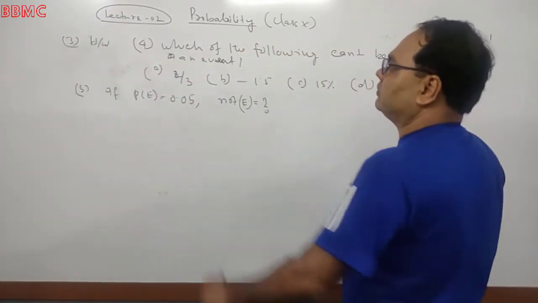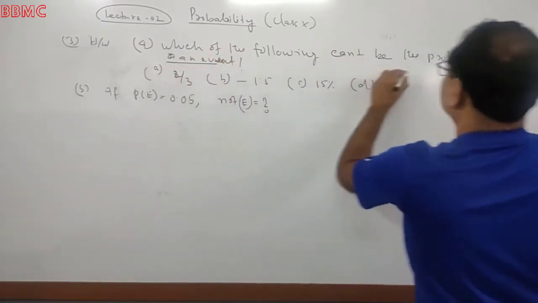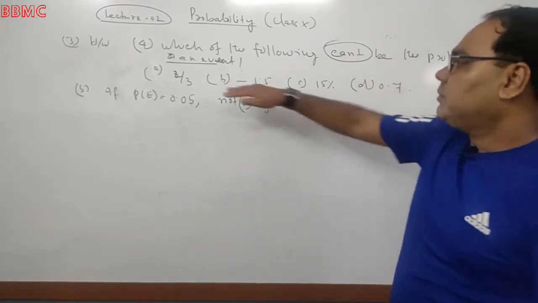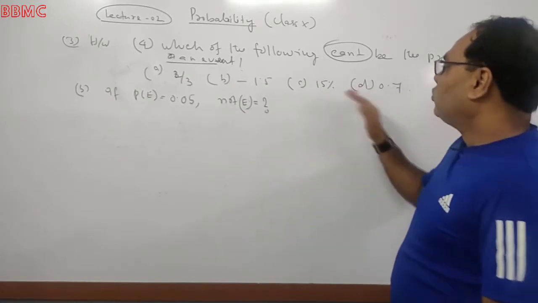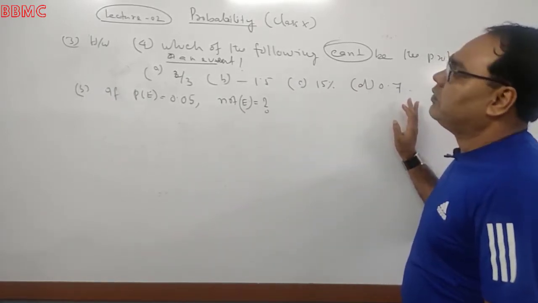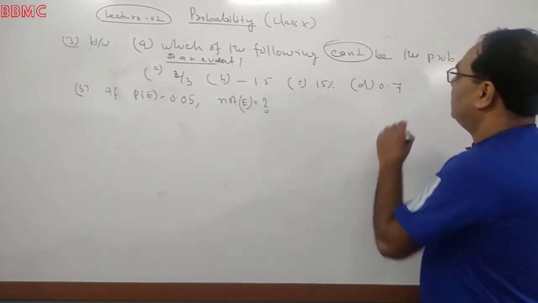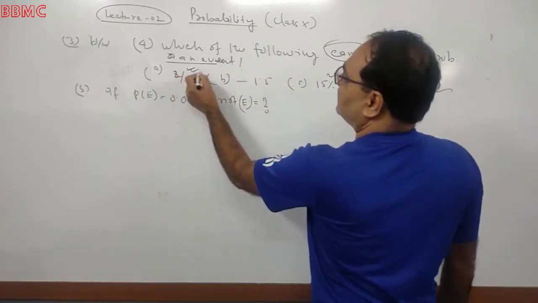Question number 4. Which of the following cannot be the probability of an event? Cannot be. One answer has been given to you. Which one cannot be the probability of an event? Which one cannot be? Which can be, yes. This is yes, 2 by 3. This is yes.